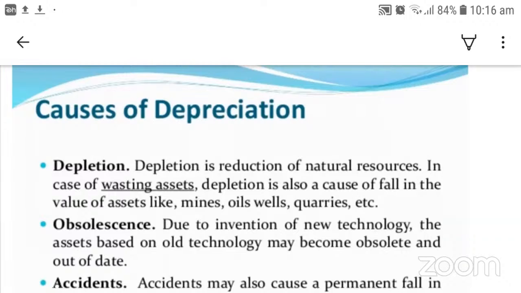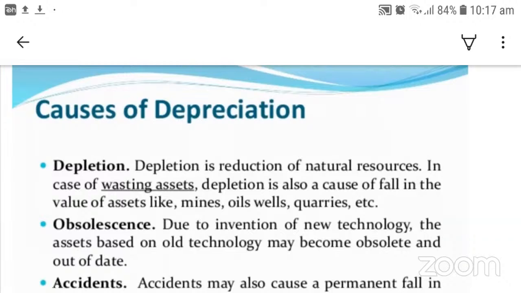Okay. Obsolescence due to invention of new technology: the asset based on old technology may become obsolete and out of date. Okay, new inventions are a continuous process. Technology is developed, but the old will obviously be outdated.